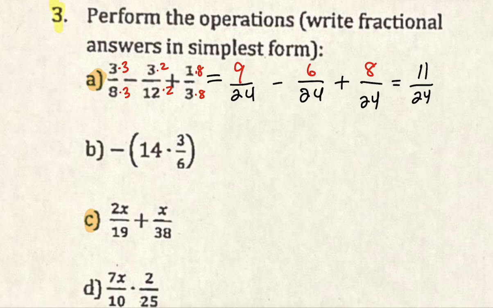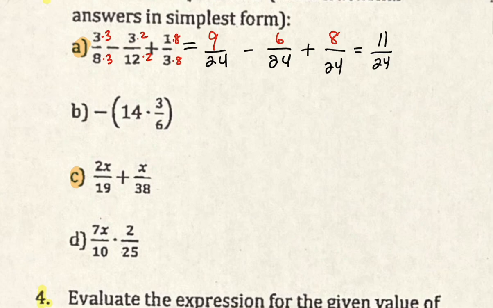Okay. Now let's talk about B and D, because those are multiplication of fractions. Now I'm going to let you do B on your own, but I'm going to give you a little hint. When you do B, think about that as negative 1 times 14 over 1 times 3 over 6. And we could even put that negative 1 over 1 as you go ahead and multiply that.